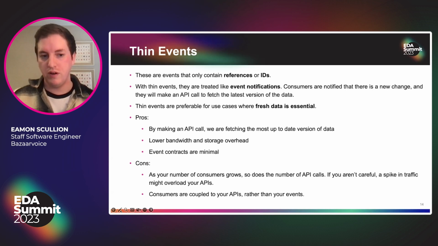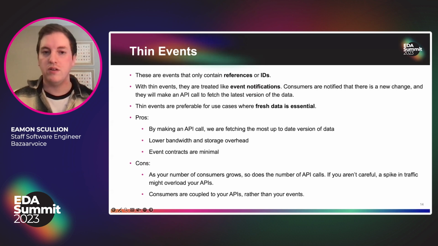And because the events are so minimal, the contracts are less likely to break in the future, as we're only storing references and not containing full attributes or fields. Some downsides of this are scalability concerns, in that as the number of consumers grows, so does your API calls.